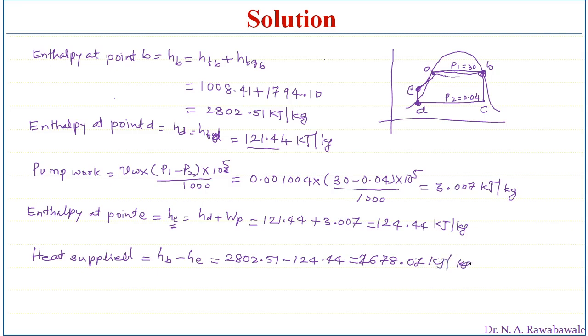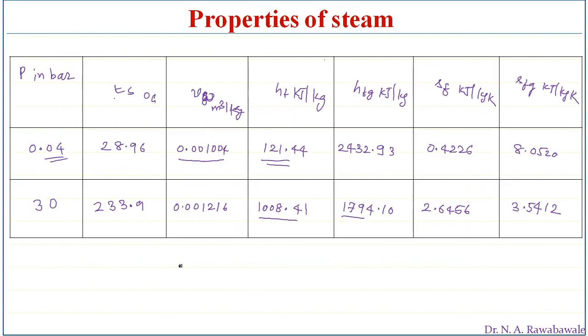So the denominator of the efficiency equation is ready now. Now to find out the efficiency of the cycle, we must know the numerator. So what is in the numerator?